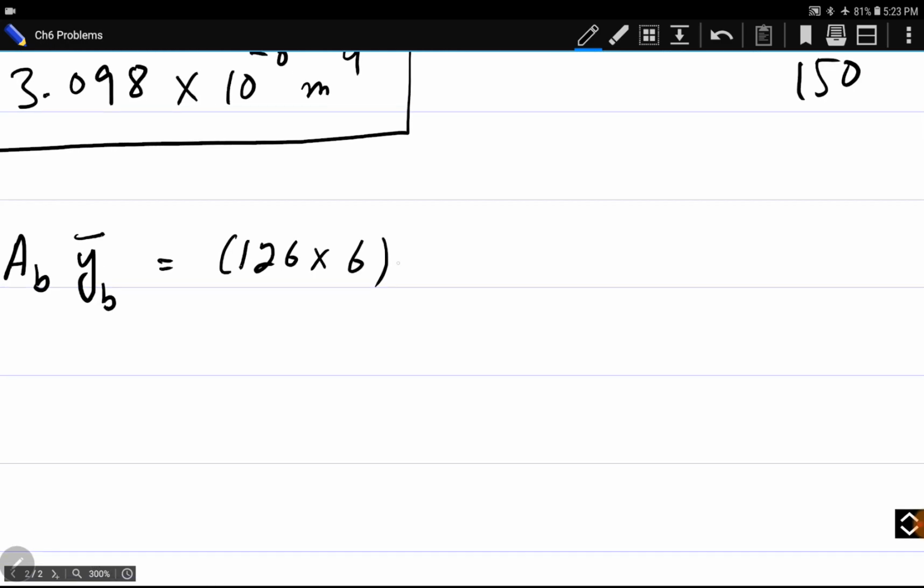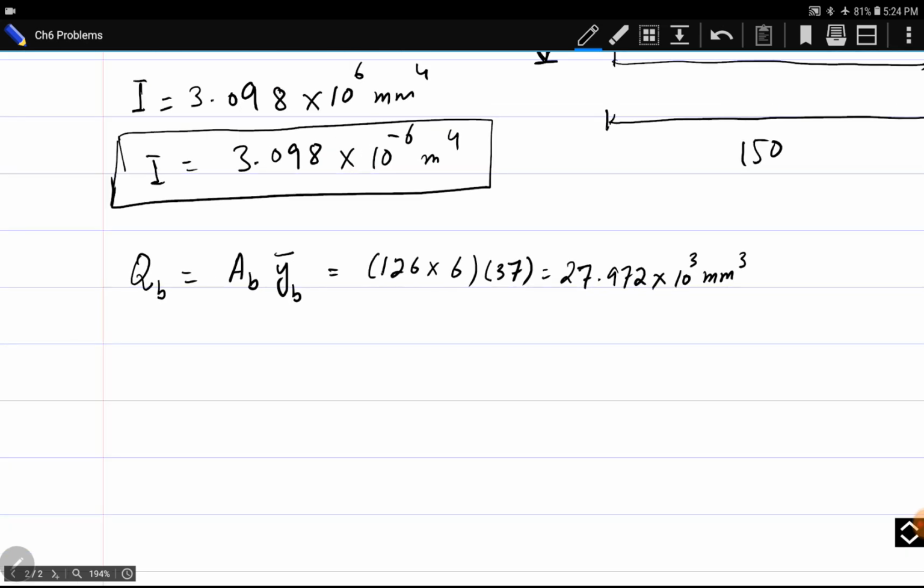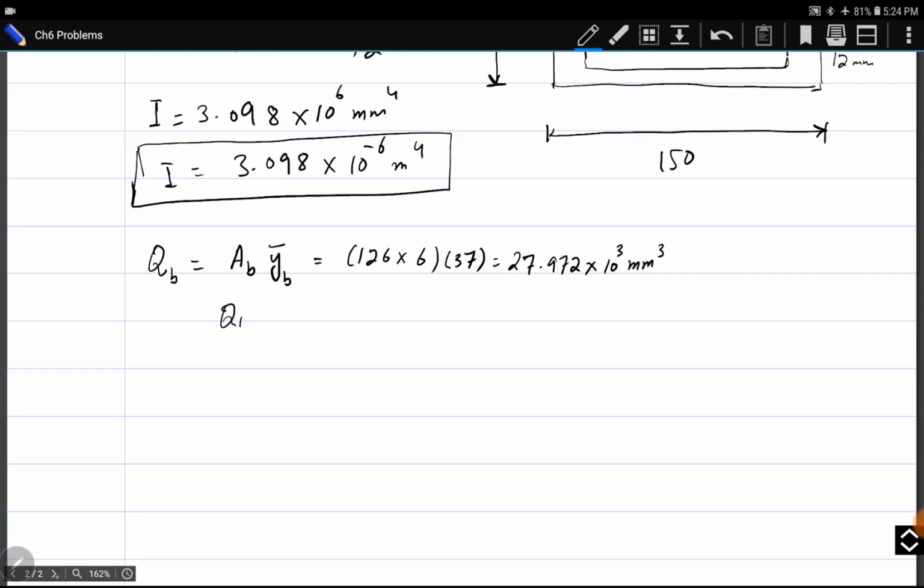So y dash is 37. So Q_B becomes 27.972 times 10 to the 3 mm^3, or in meter cubed, 27.972 times 10 to the minus 6 m^3.